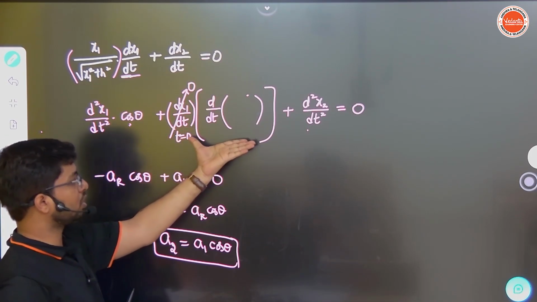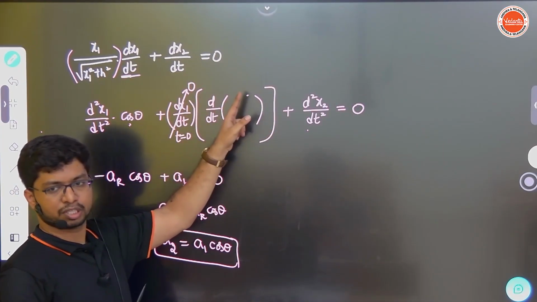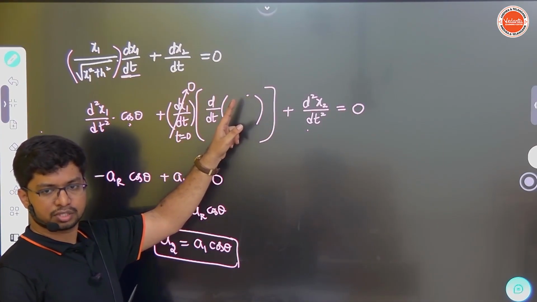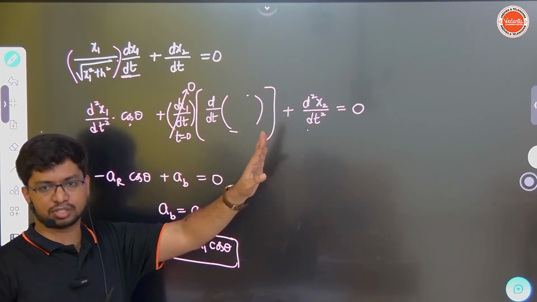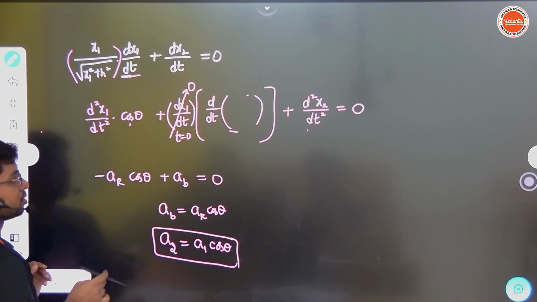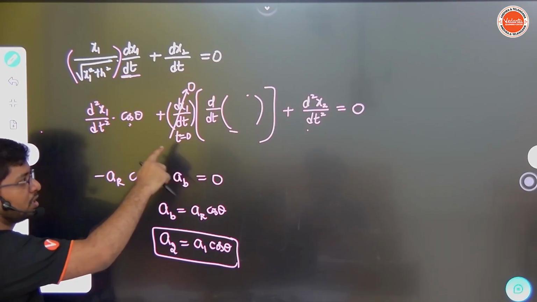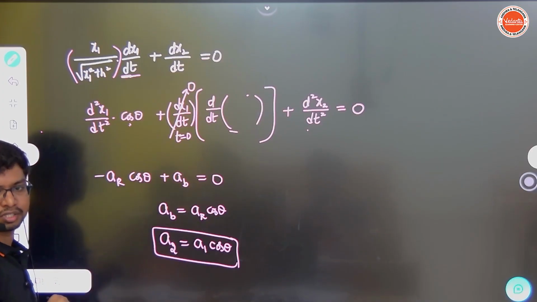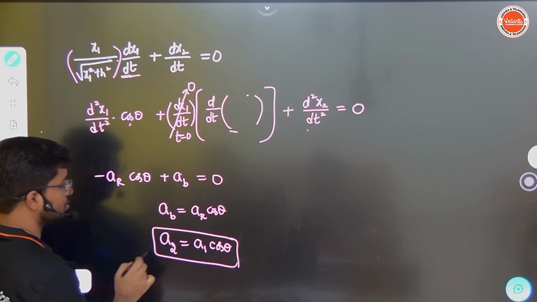Clear? Whatever the differentiation may be, since this term is 0, this complete term will become 0 here. Understood now? So you don't have to differentiate all this again and write the big equation. Is that clear? If the initial velocity was not 0, then that would be a very big calculation. Clear? So you got a2 is equal to a1 cos theta.